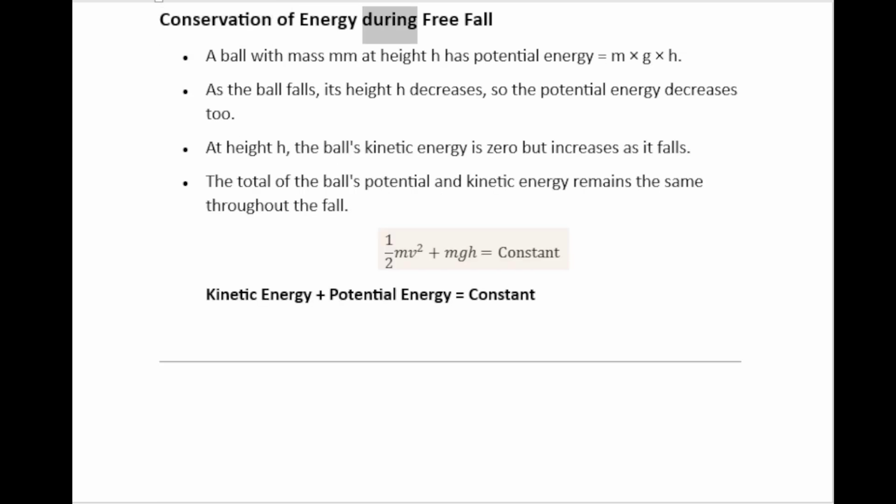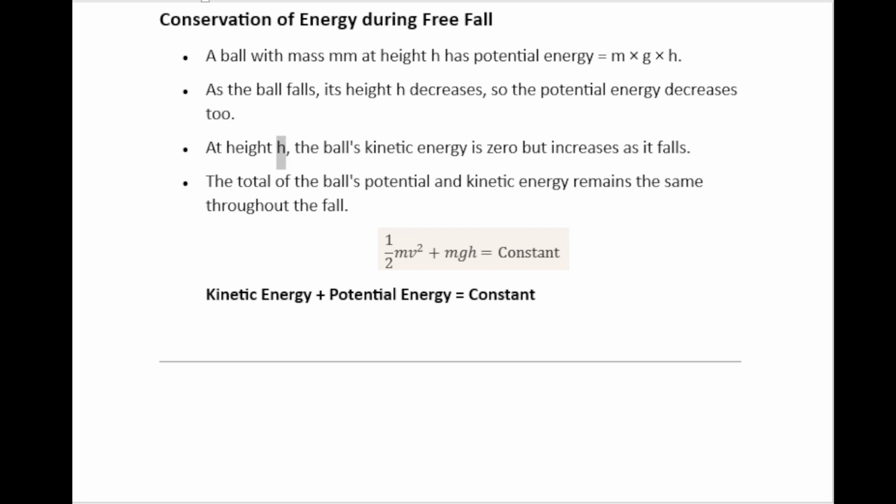Conservation of energy during free fall. A ball with mass m at height h has potential energy equal to m times g times h. As the ball falls, its height h decreases, so the potential energy decreases too.